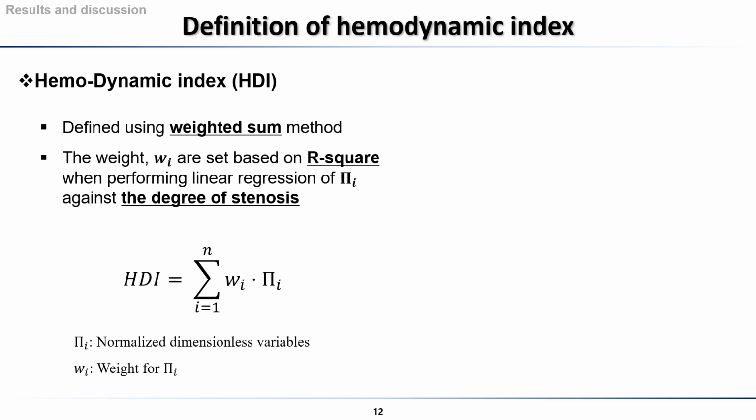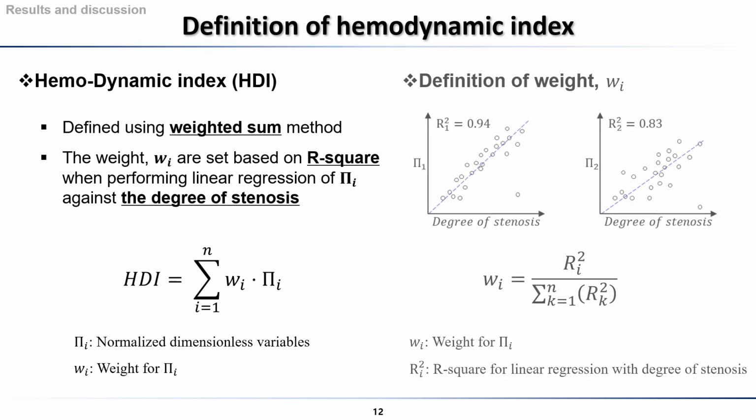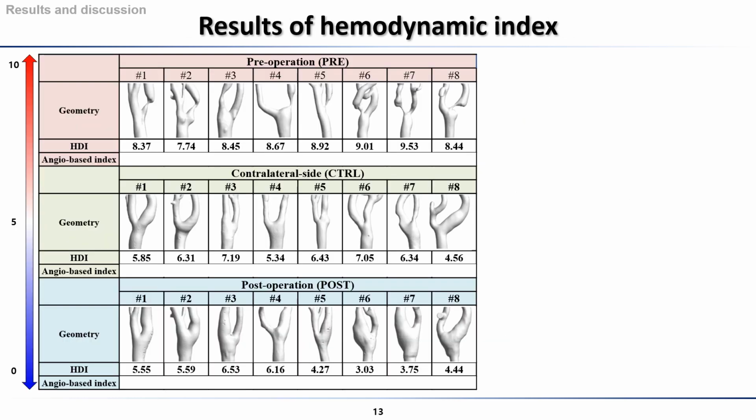The weights for each phi were defined as follows, using the R-square value obtained from the linear regression of the phi against the degree of stenosis. This is the HDI result for each carotid artery model.